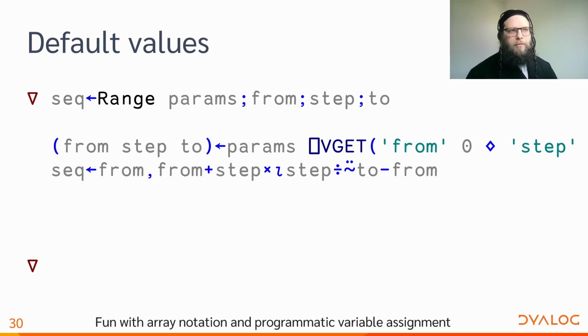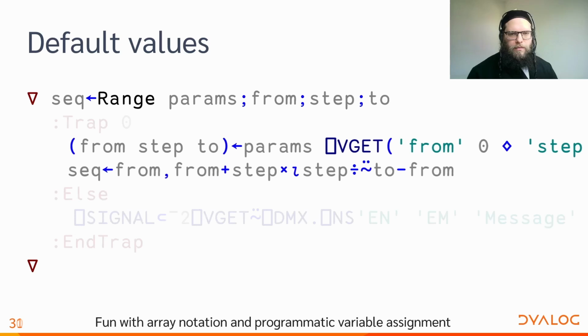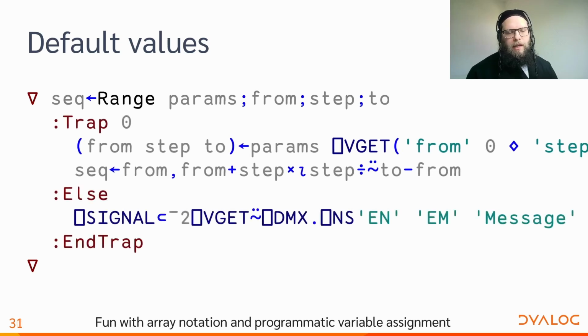And for a proper utility function, industrial strength, we don't want the function to stop inside. So we're going to add a trap. So we're trapping any error that happens in our retrieval and computation.